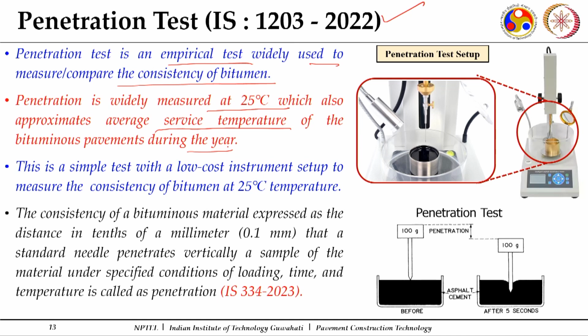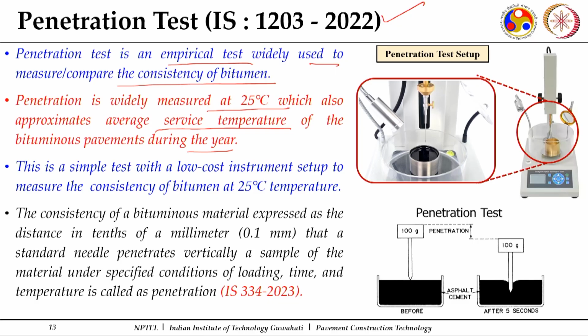And this is a simple test where a binder sample is taken and then a needle assembly is taken, and it is allowed to penetrate under standard conditions into this bituminous sample, and we note down how much penetration is taking place at a particular degree of temperature under controlled conditions.